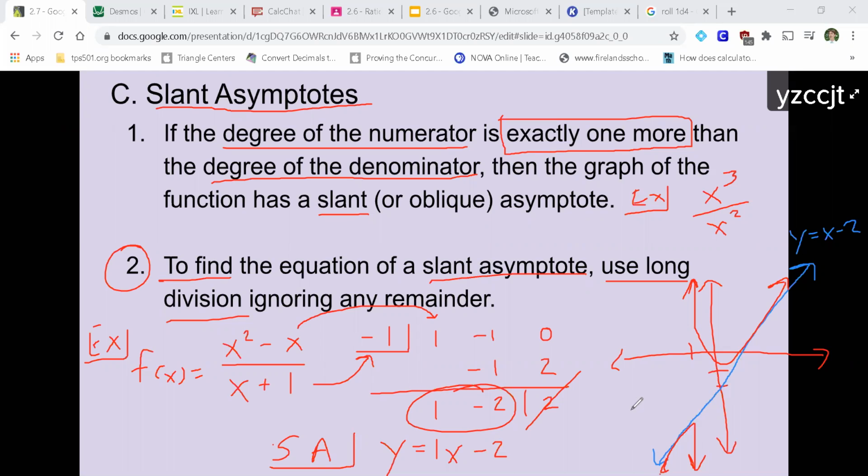Notice that a function can't have a slant and a horizontal asymptote, right? Because it's bigger on top, so it has no horizontal asymptote. So a function can never have both a slant and a horizontal asymptote. That would be crazy.